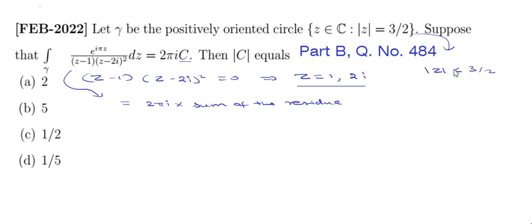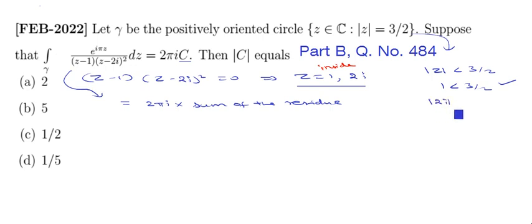If this inequality is satisfied, then the pole lies inside, otherwise it lies outside. Clearly 1 is less than 3 by 2, so this is satisfied, therefore this lies inside.